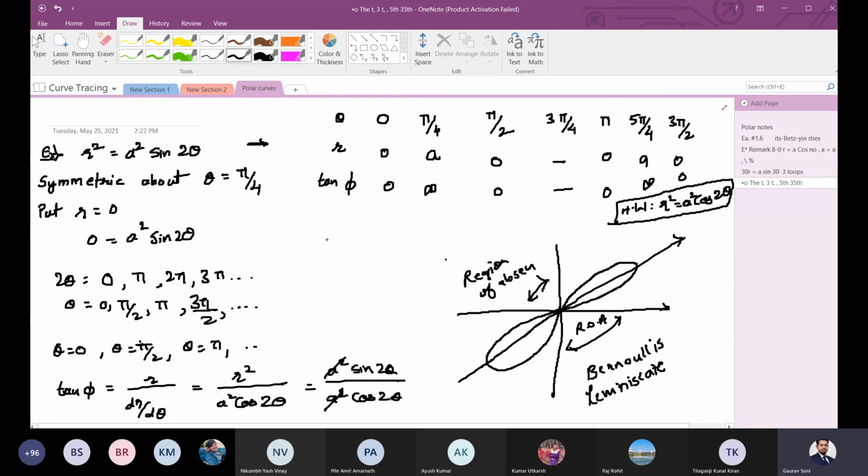We know that cosine is negative in that quadrant: pi by 2 less than 2 theta less than 3 pi by 2. So pi by 4 less than theta less than 3 pi by 4. This is the region of absence. Since cosine is negative here, this is the region of absence; similarly you can show that for the other one.